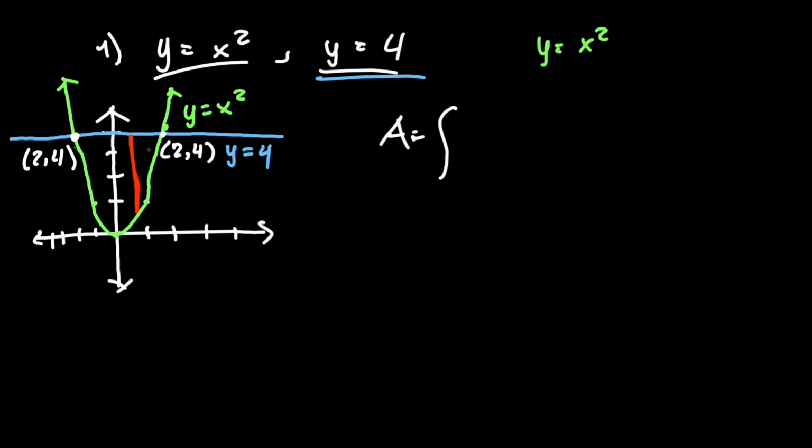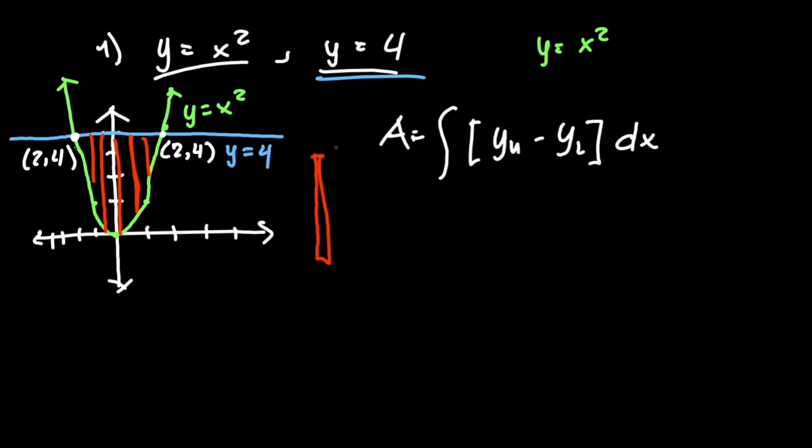And so if we are using a vertical element, something like that, you must know that based on the formula, it is y upper minus y lower of dx. This is y upper, and this is y lower of dx.